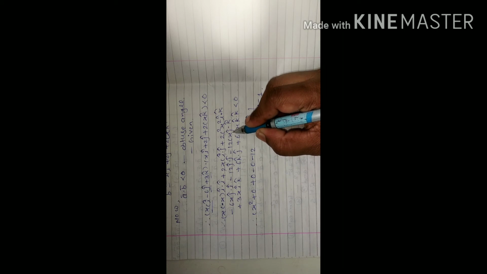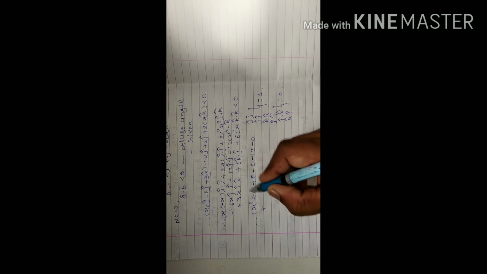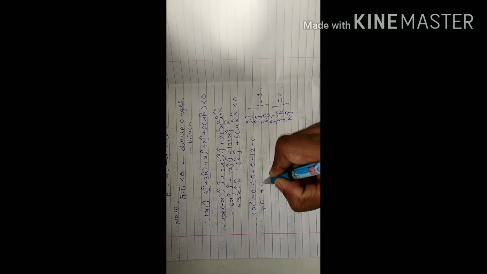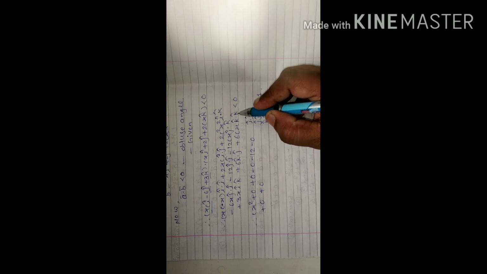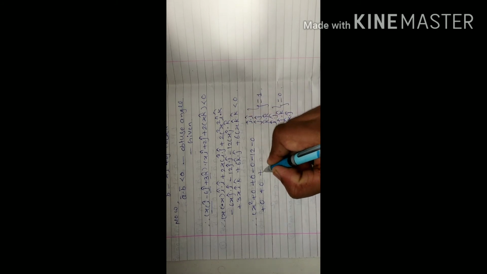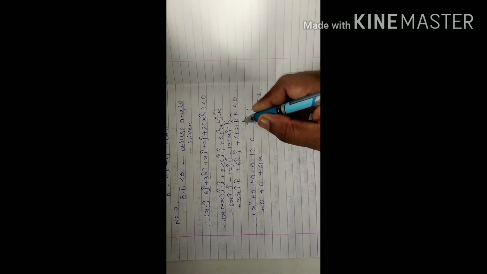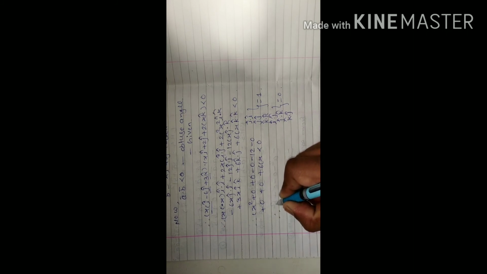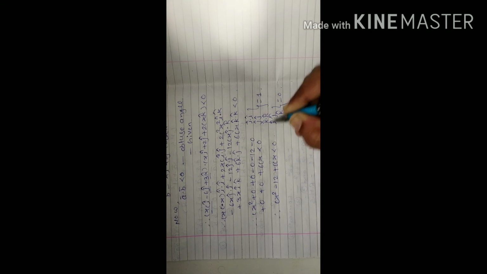Then minus 12cx j cap dot k cap is minus 0. Then plus i cap dot k cap 0. Then plus 6 k cap dot j cap 0. And the last term, 6cx k cap dot k cap, whose value is 1, is less than 0. Then the zero terms cancel, and we get cx square minus 12 plus 6cx less than 0.